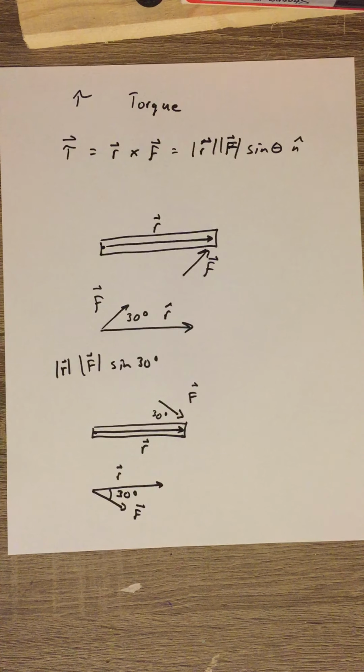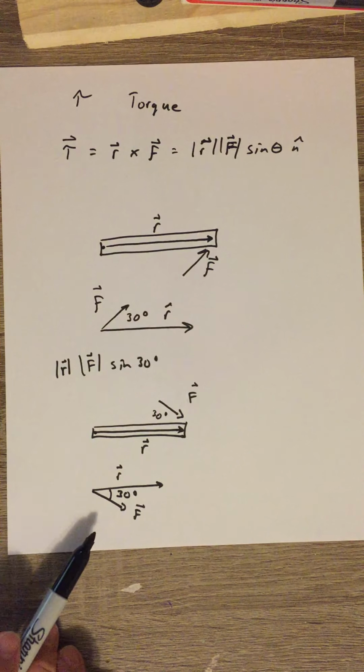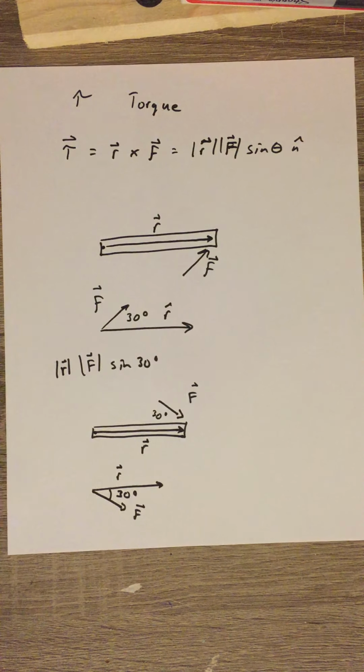Now, if R and F are the same, you might be tempted to look at this and say, well, the torques have got to be the same. But remember how we defined this theta. We measure from R to F moving counterclockwise. And so if I'm going to calculate the torque of this one, R cross F, I've got the magnitude of R times the magnitude of F times the sine of, well, if I have to go from R to F counterclockwise, that is all the way around the horn, right?